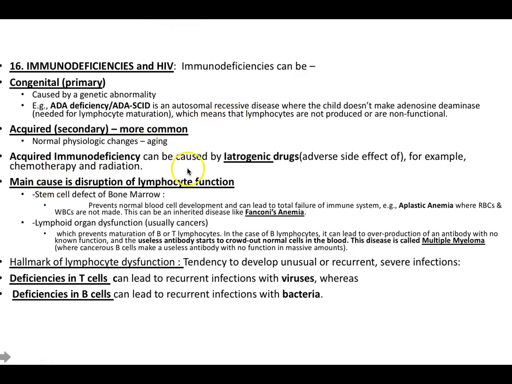Another way to do this is, and I will ask one 2-point question on this, iatrogenic. Iatrogenic is the medical term for giving a person a drug that has an unintended consequence. And that unintended consequence is some other adverse effect.